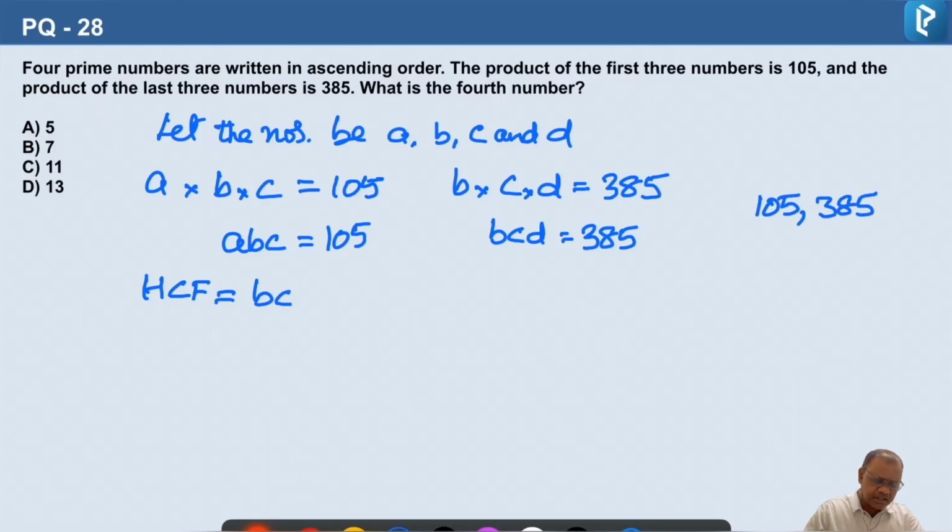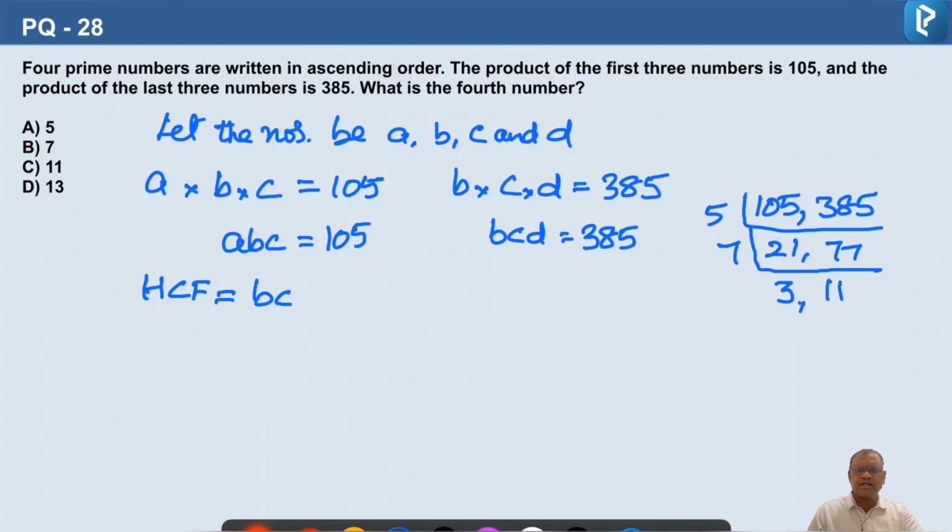So let us check. They are divisible by 5: 5 sevens 35, and again 5 sevens 35. So 21 and 77 are divisible by 7: 7 threes, 7 elevens. 3 and 11 are co-primes.